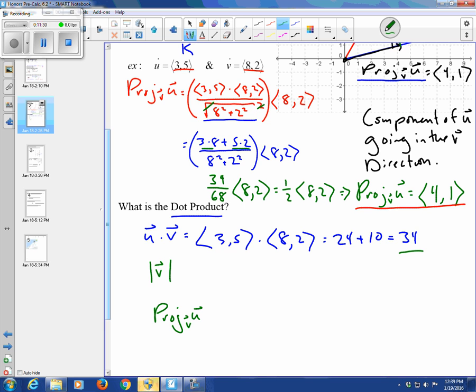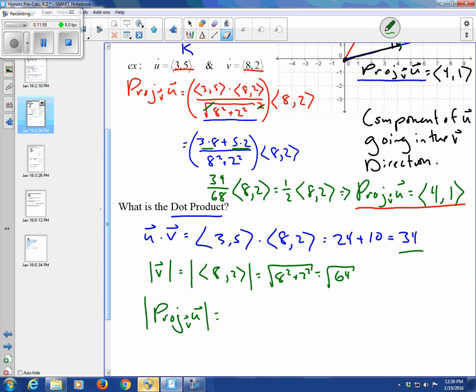of u onto v. So we know that v itself is 8, 2. And when we take the magnitude of that, that gives us 8 squared plus 2 squared, or our 68, excuse me, the square root of 68.